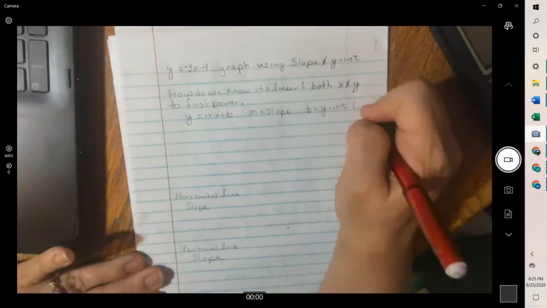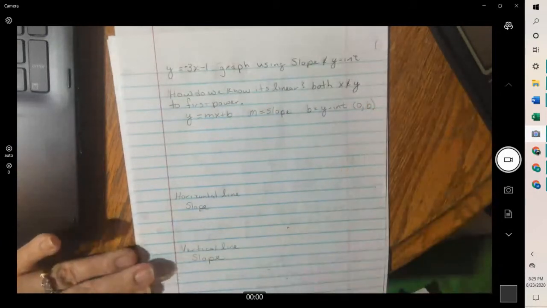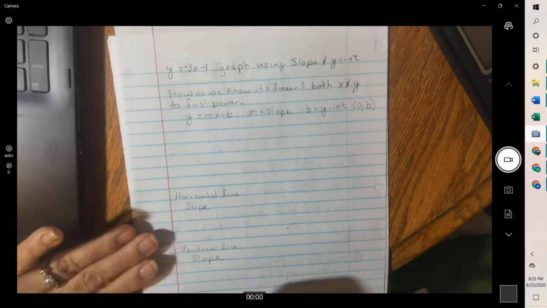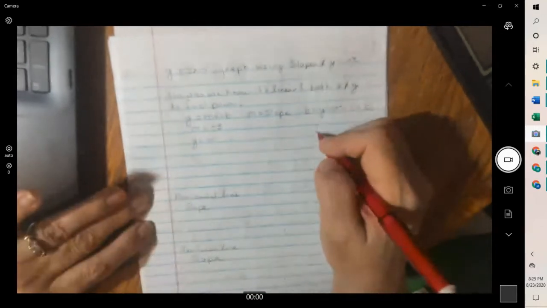And you can write it as a point, 0, b, depending on what it's asking for. So our slope is negative 3, and our y-intercept is negative 1.